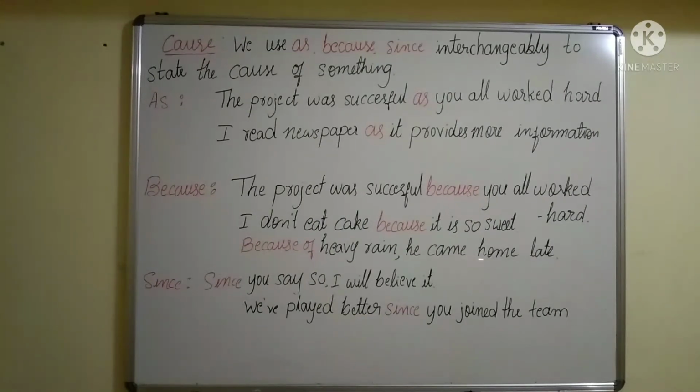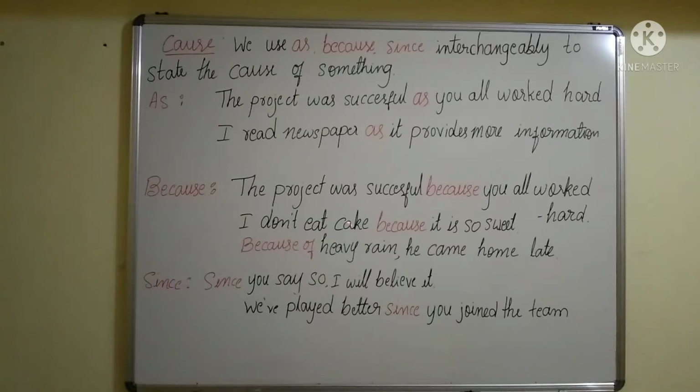Then, "he came home late" is an independent clause. When the sentence starts with a subordinating clause, we need to put a comma before the independent clause. Yes, you can observe here.